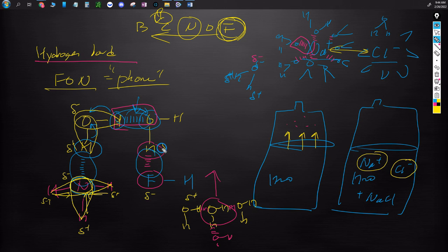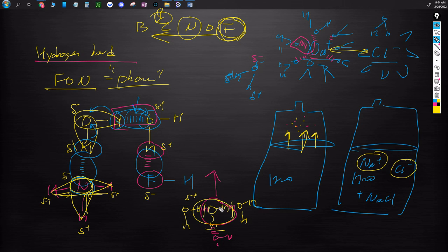Same thing with the water, partial positive, partial negative, and there's a connection between the two. So once again, for this water to come out of the surface and stay in here, it has to break apart the hydrogen bond.